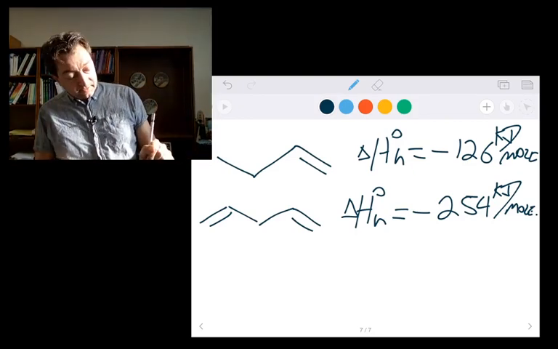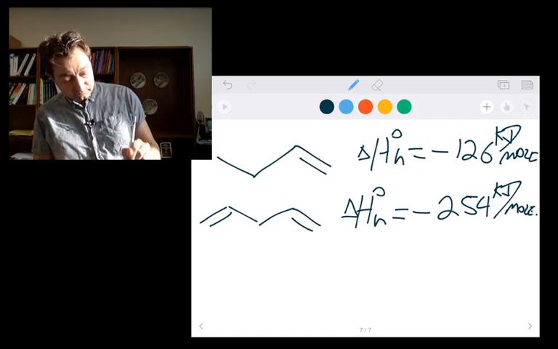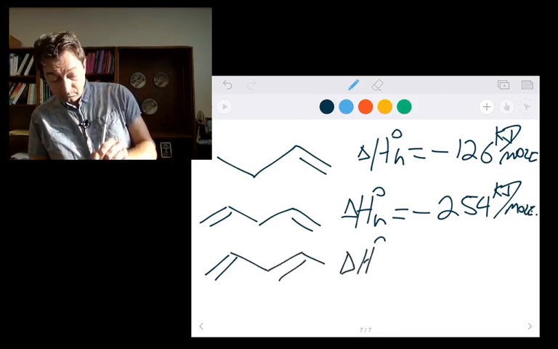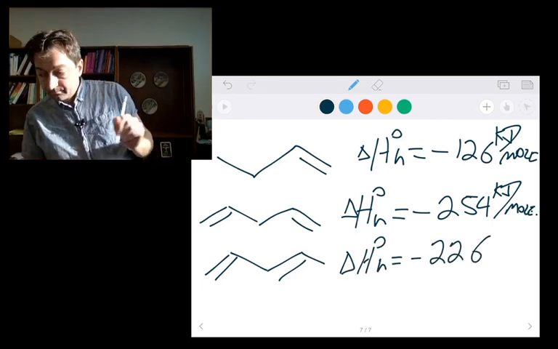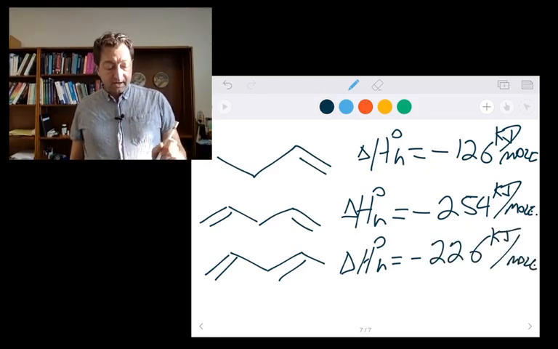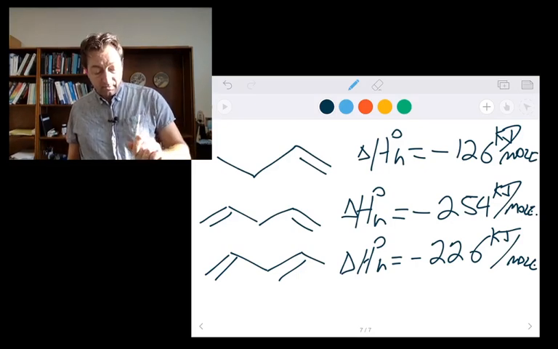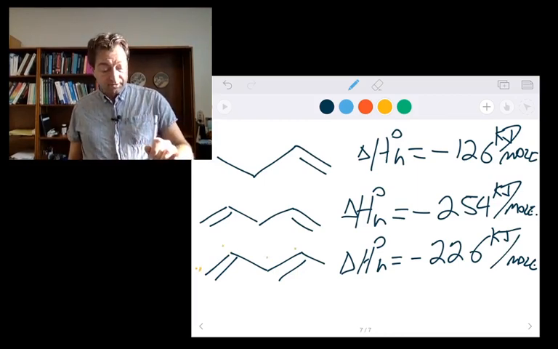Now, if we take a look at this isomer of that second molecule, where we've drawn the double bonds, we've got double bond one there, and those adjacent carbon atoms, a double bond of those adjacent carbon atoms.